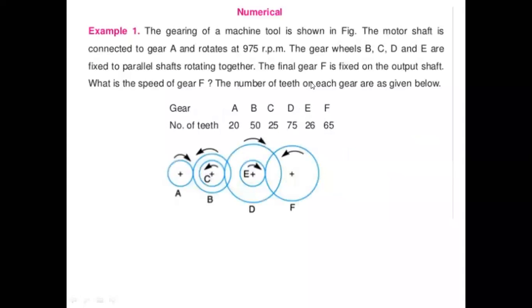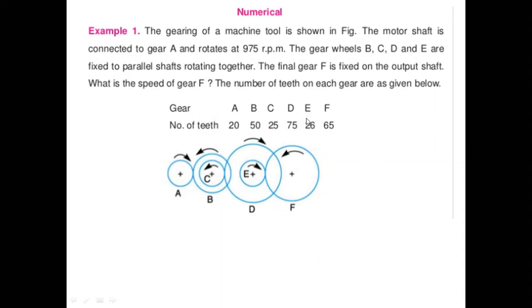If we see, the input is 975 and the output is 52 RPM, means there is a large reduction in the speed of the output shaft, and this is only due to the gear train. And gear A is rotating in a clockwise direction, but gear F is rotating in an anti-clockwise direction.